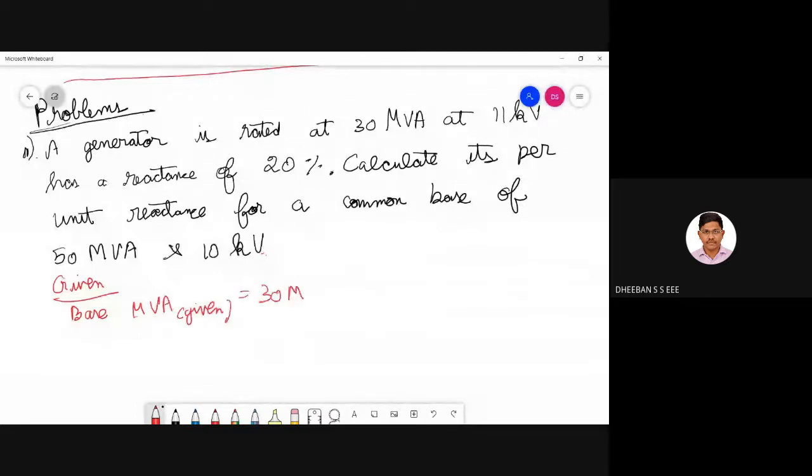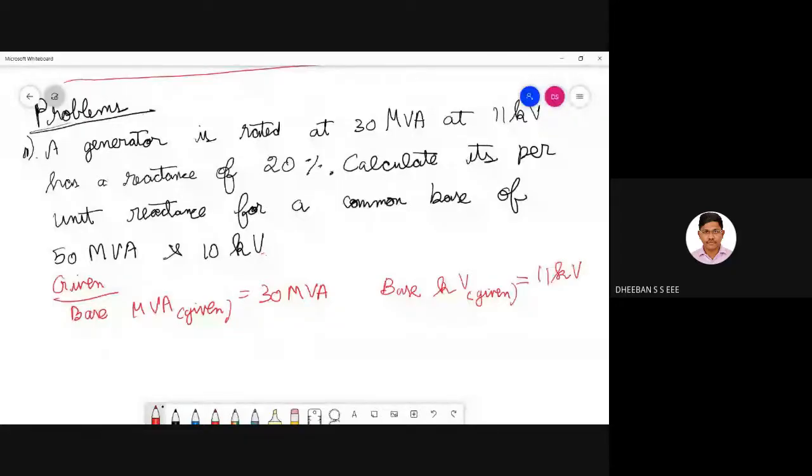Next one is base kV given, which is 11 kV. After that, base MVA new they have given. So the common base value will generally be your new value.